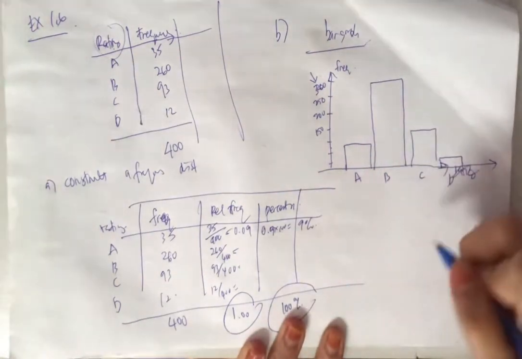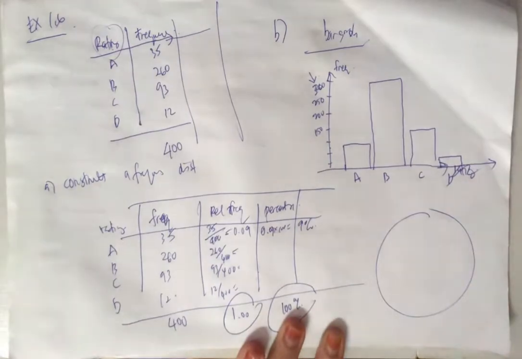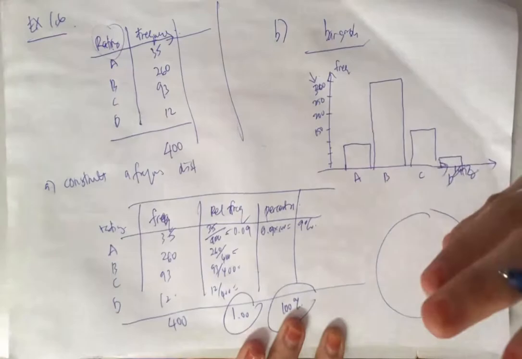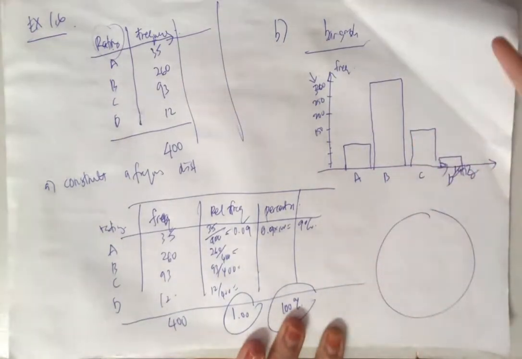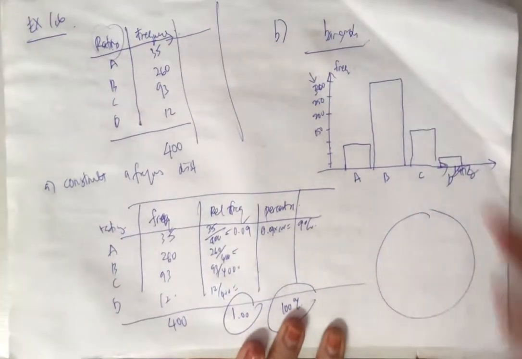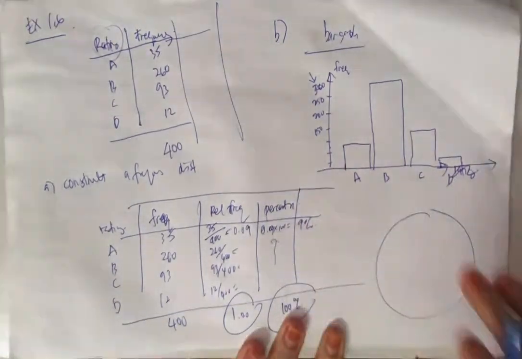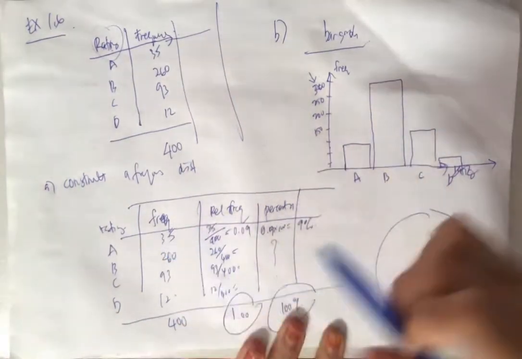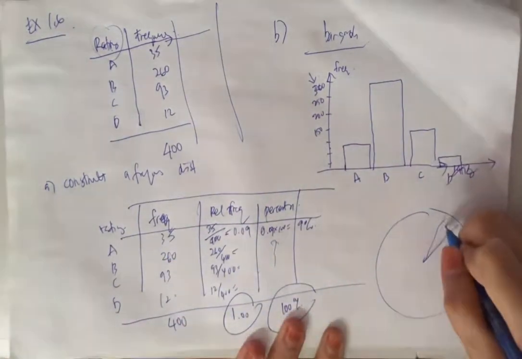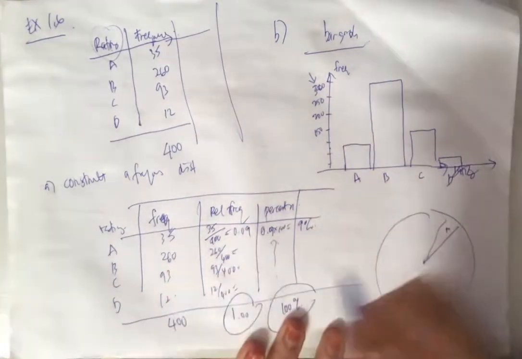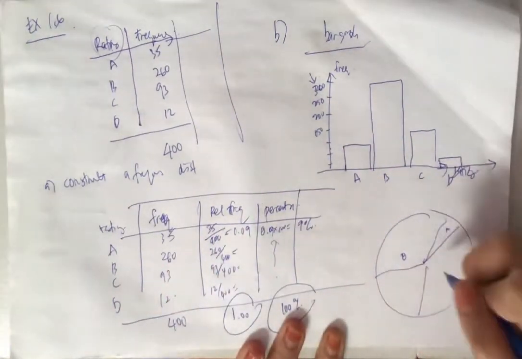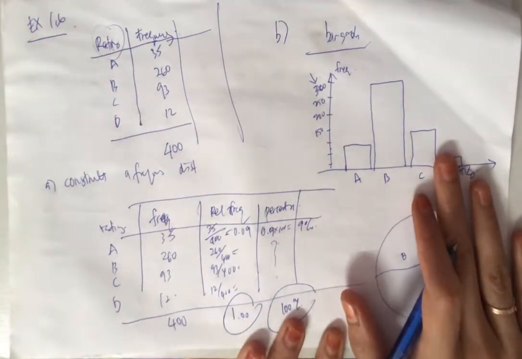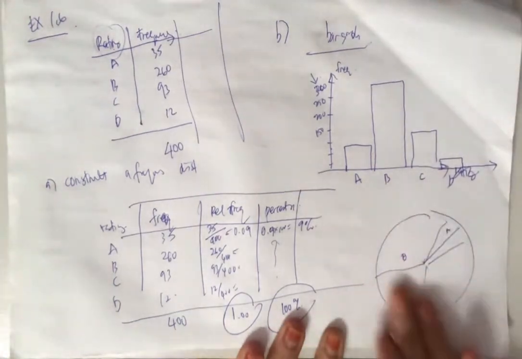For the bar graph, we use the frequency to describe the data. For the pie chart, we use the percentage that we have here. Maybe this is A, and then the highest one is B, and then C, and then D. You need to draw your pie chart correctly; I just roughly show you how the pie chart looks.